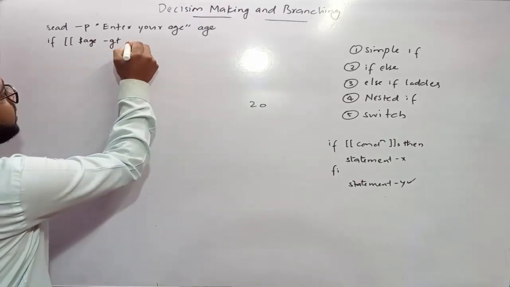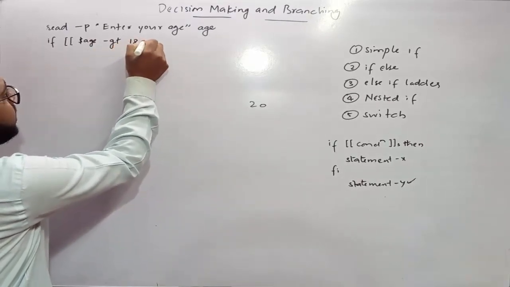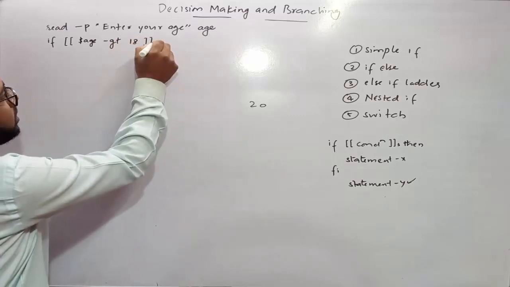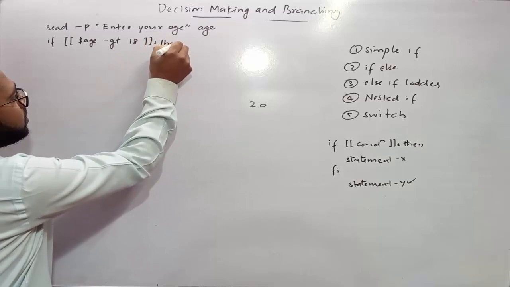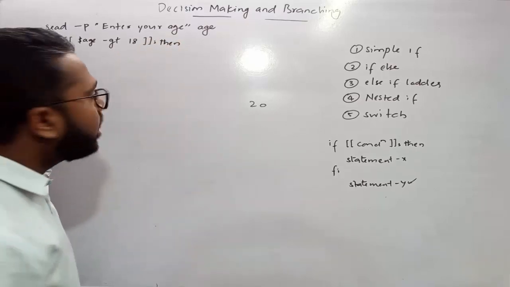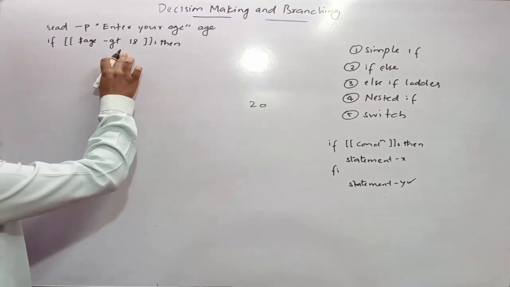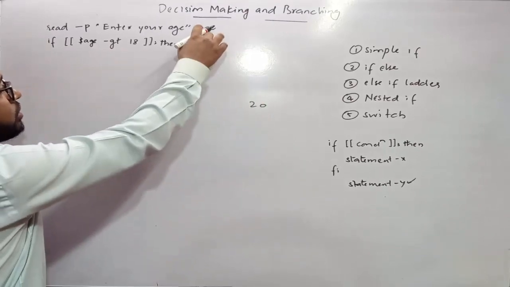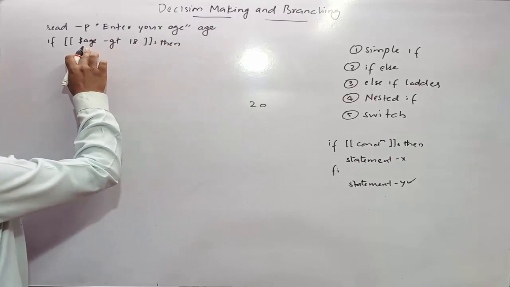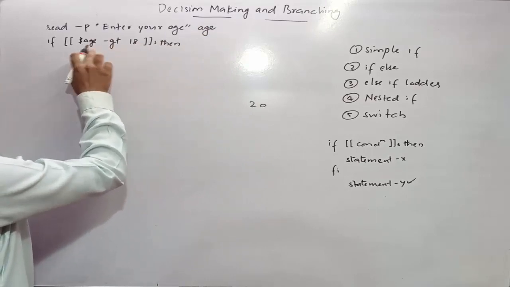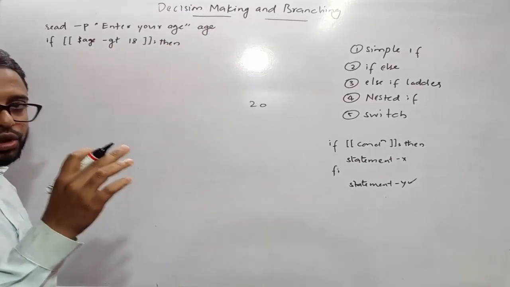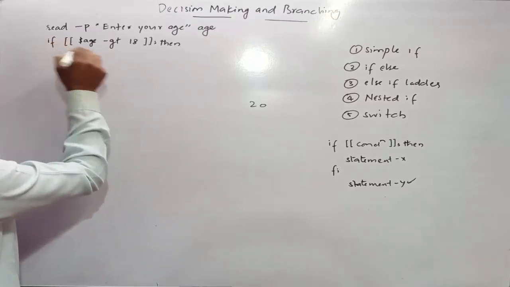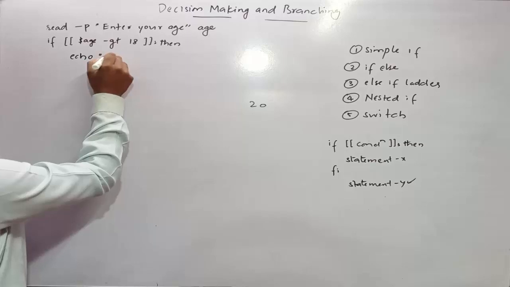If age is greater than 18, then close both square brackets, put a semicolon, and use then. If this condition becomes true, that means suppose the program has executed and the user has entered 20, then 20 gets stored inside the age variable, and 20 will come here. Here I am checking whether 20 is greater than 18. Yes, the condition becomes true. When the condition becomes true, the control will come inside the if to execute this statement.